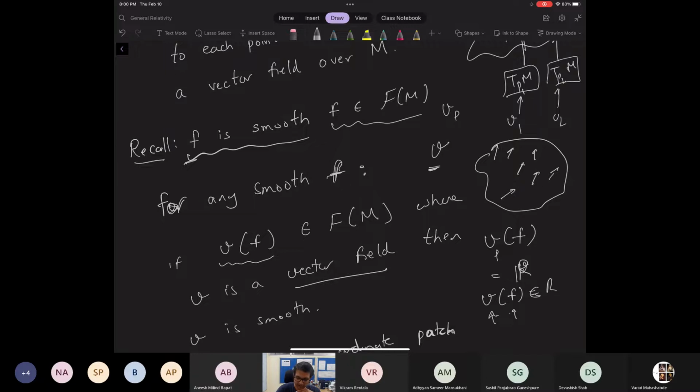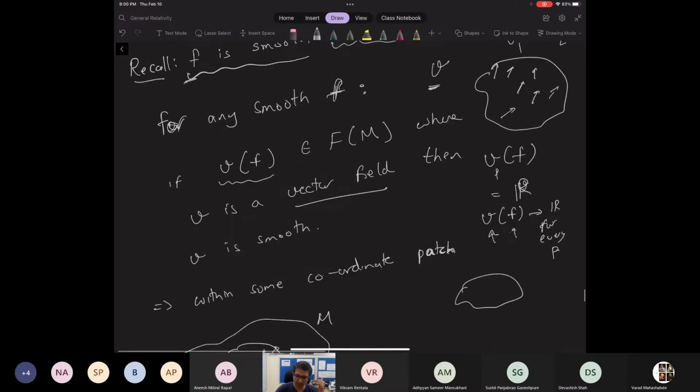At every point on the manifold, it will give me a real number for every p. And therefore, this is a function on the manifold, because it takes the manifold and at every point on the manifold, it returns a real number.